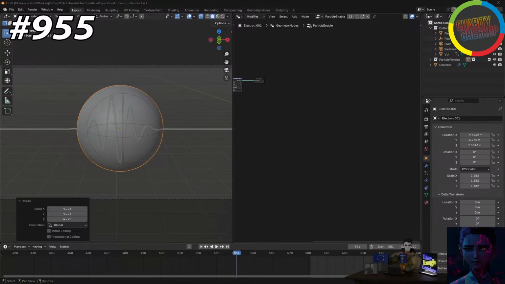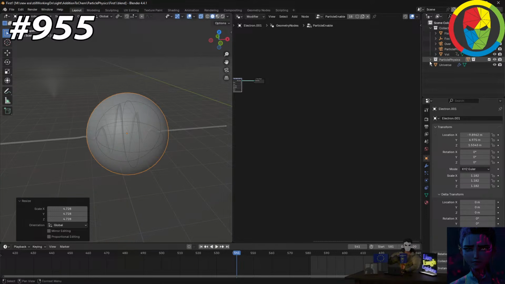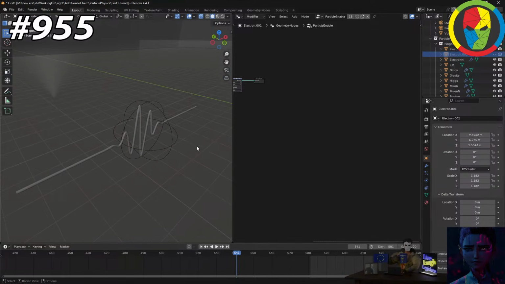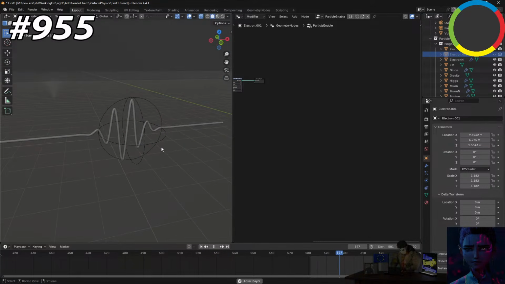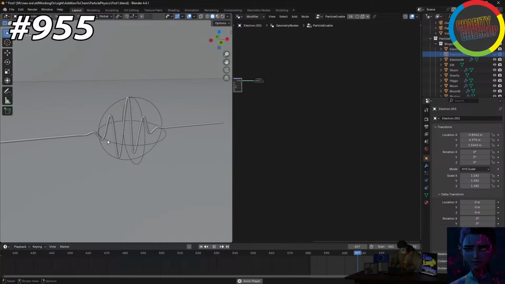Hold on, I got to the beginnings of the fields. So right here, this is just me showing off a fluctuating field like this. The line is the field. This is the Dirac field of electrons. That looks cool though.